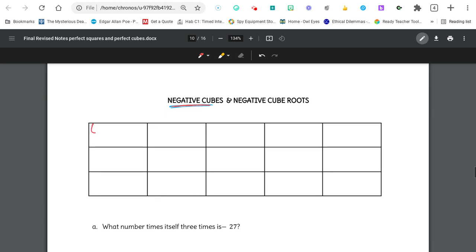So I'm going to start off, instead of 1 cubed, with negative 1 cubed. You can use the even odd rule, or we can work this out based off the rules we know from multiplication. You could say that there are 3 negatives. 3 is an odd number, and an odd number of negatives will equal a negative answer.